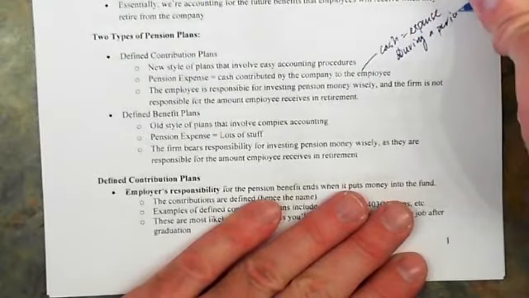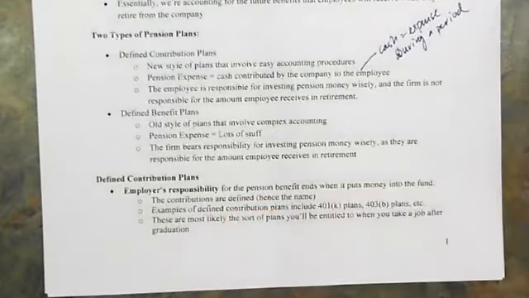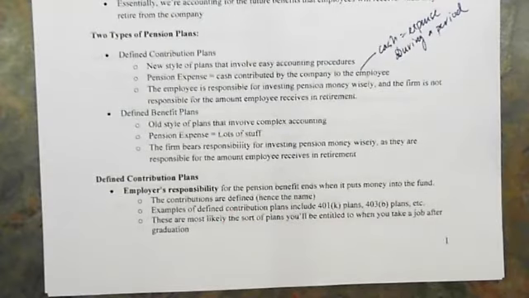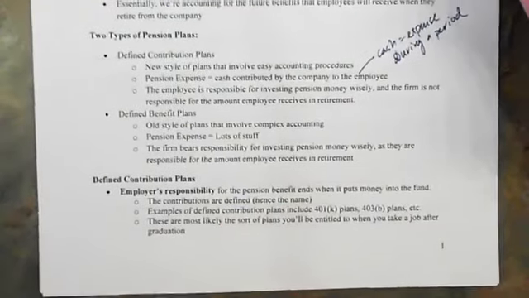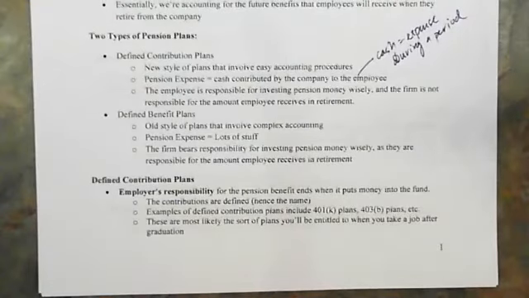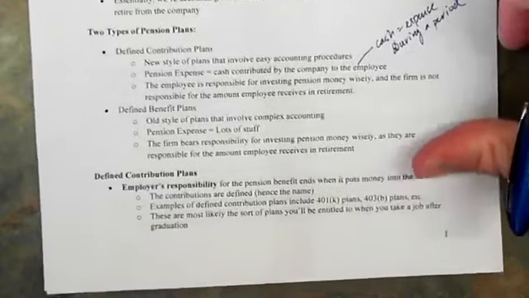If the company contributes $100,000 to their employees' pension, then $100,000 is the expense. It is that easy. Once the money is contributed by the employer, then it is all up to the employee to wisely invest the money and obtain their retirement benefits.